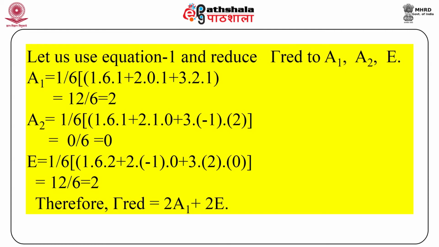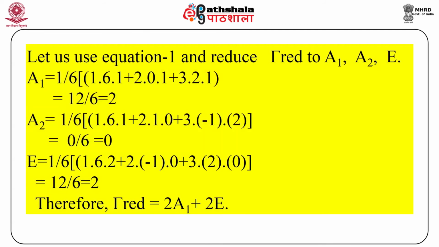Let us use the equation to reduce tau reducible to A1, A2 and E. For A1 we can write the equation as 1 by 6 within bracket (1 into 6 into 1, plus 2 into 0 into 1, plus 3 into 2 into 1), that is 12 by 6, which is 2. A1 is present 2 times.